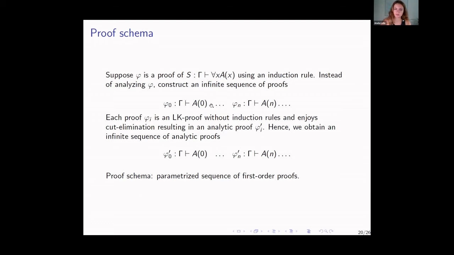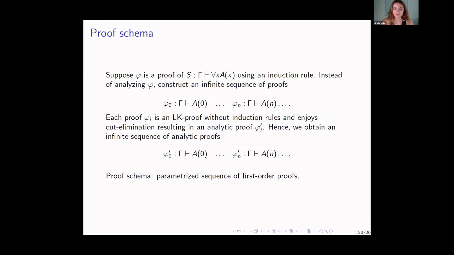This means we can perform cut-elimination on all these proofs, and we get an infinite sequence of proofs again, like this here. Now, what the schematic CERES method does is it takes such an infinite sequence of proofs, performs cut-elimination, and as a result, we get, again, an infinite sequence, but now of analytic proofs.